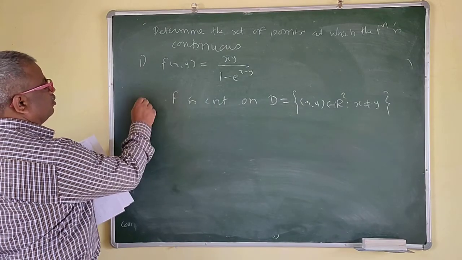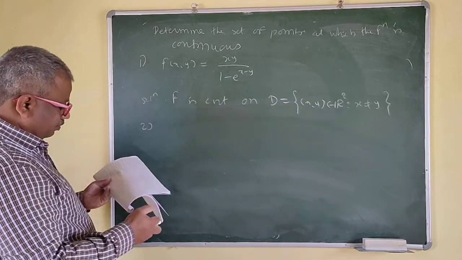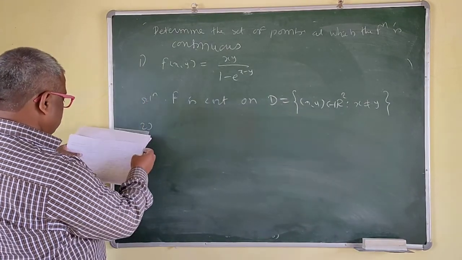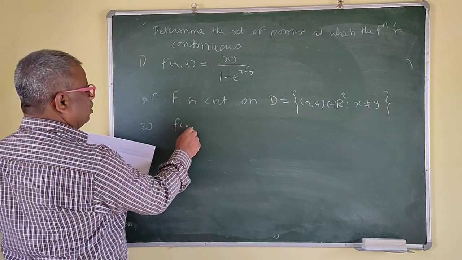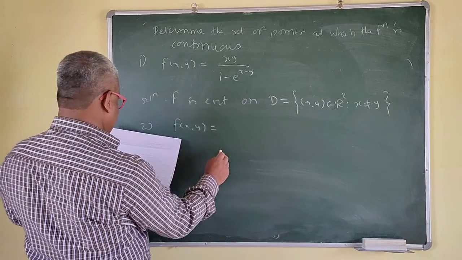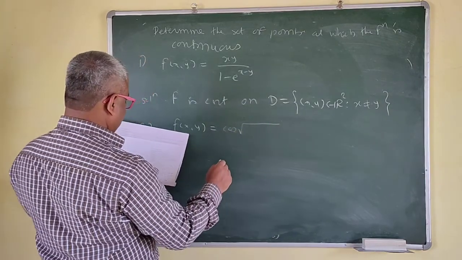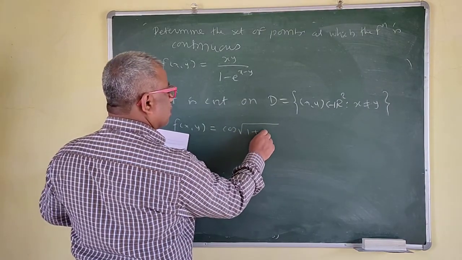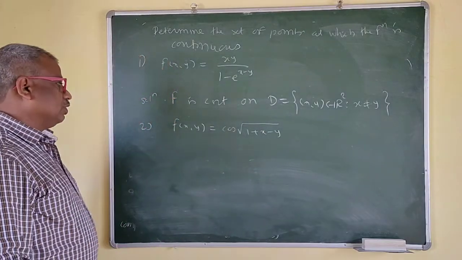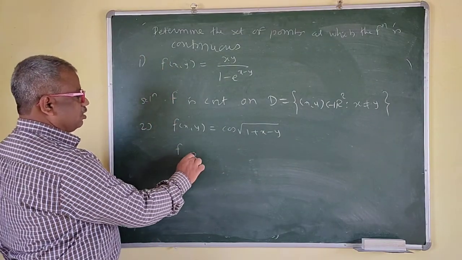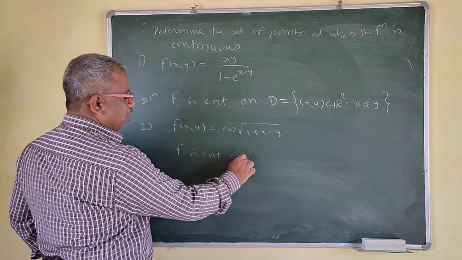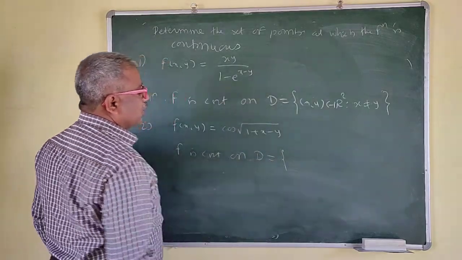Second. F of xy is equal to cos of root of 1 plus x minus y. Now again, f is continuous on D is equal to. Now the root is there.